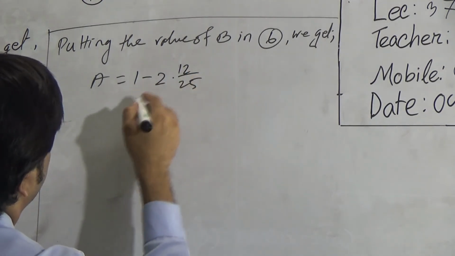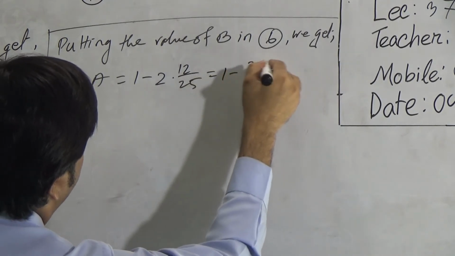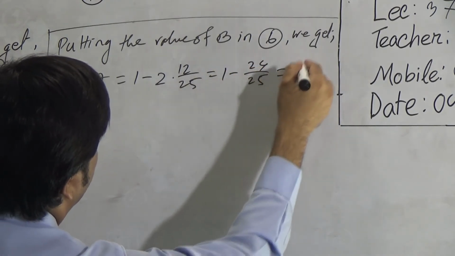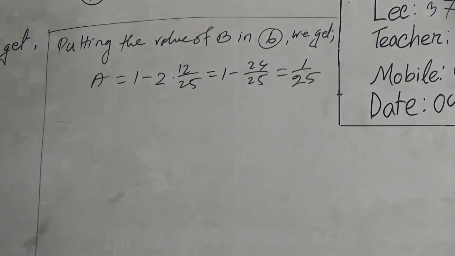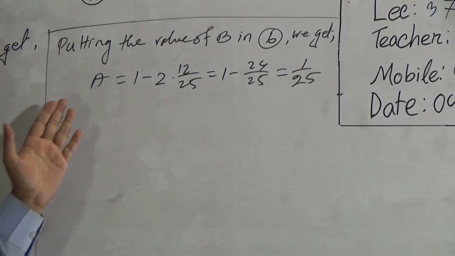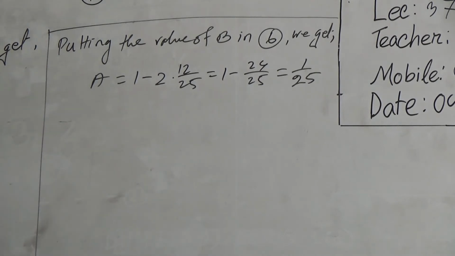So this will be 1 minus 24 by 25, that will be 1 by 25. So the value of a will be 1 by 25. Now put the value of b in equation 7, and you will get the value of c.